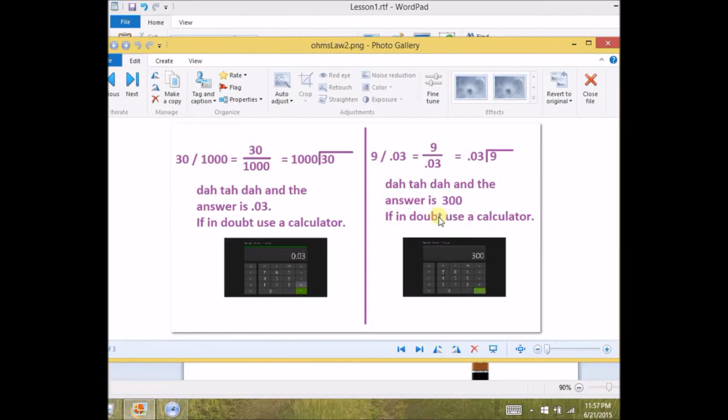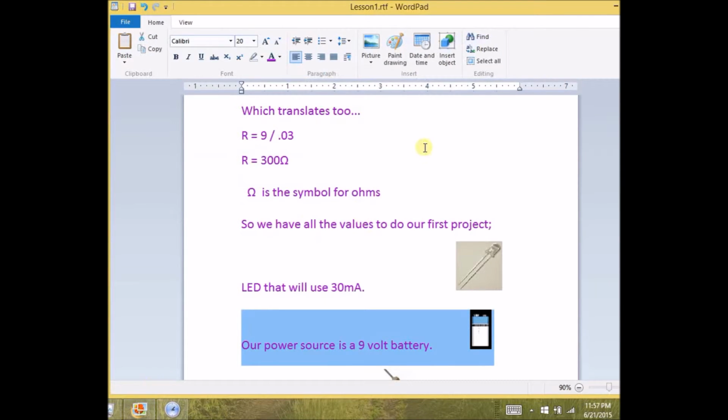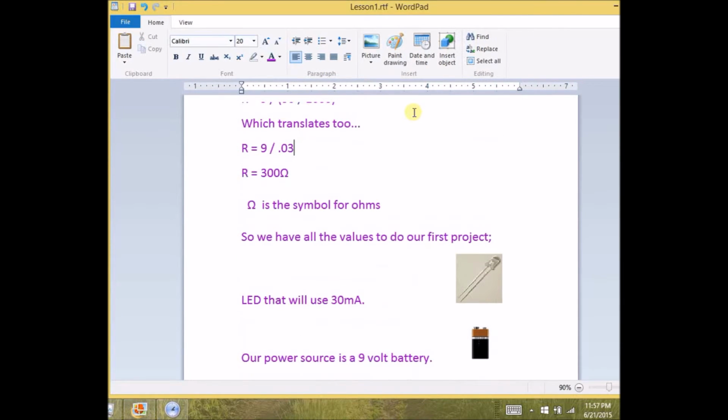Okay, that's simple math. So now once we get that done, 9 divided by 0.03 is going to be 300.